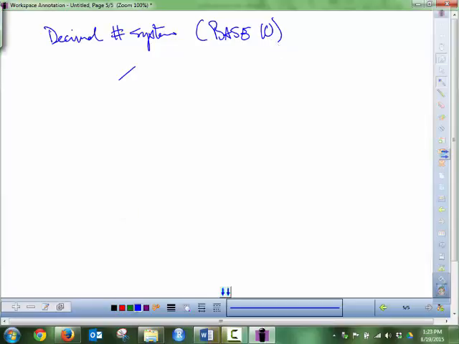So in a base 10 number system, your digits are 0, 1, 2, through 9. And so you're allowed these 10 digits, and when you get to 9, you're out of digits, so you start combining things. So you have 1, 0 for 10, 1, 1 for 11, 1, 2 for 12, etc.